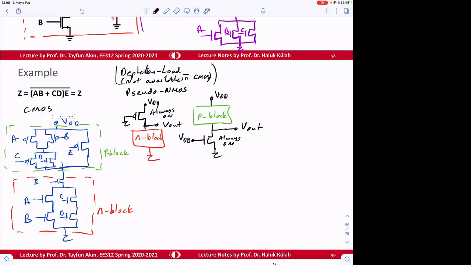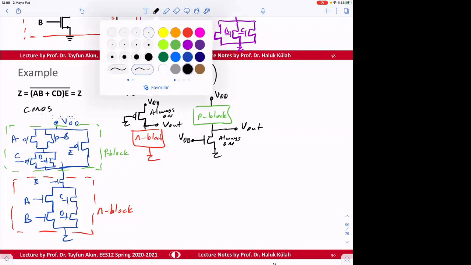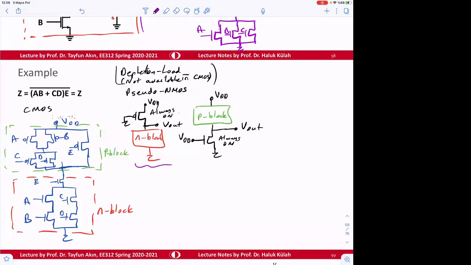Okay. So the advantage here is maybe N+1 transistors. And here, N+1 transistors.